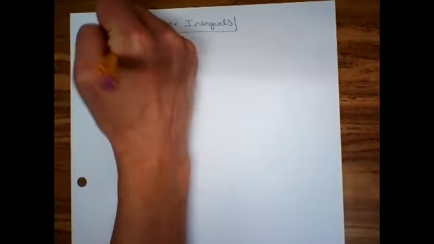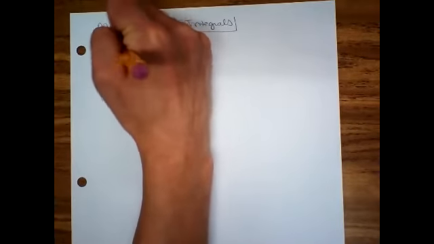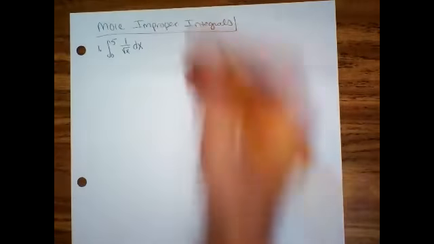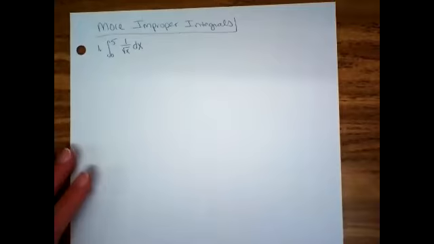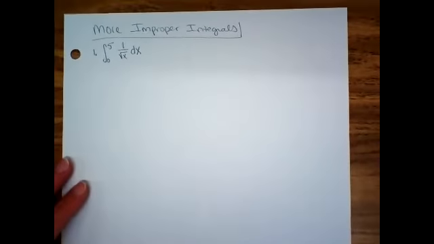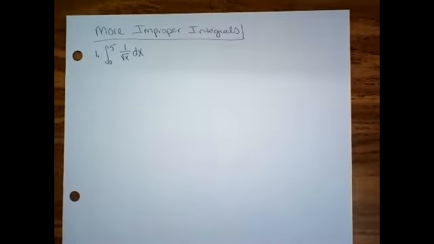All right, so let's try a few examples. Again, this isn't going to be a whole lot different than last time, but a little, because it's a vertical instead of a horizontal asymptote.